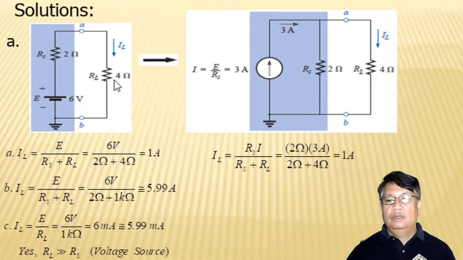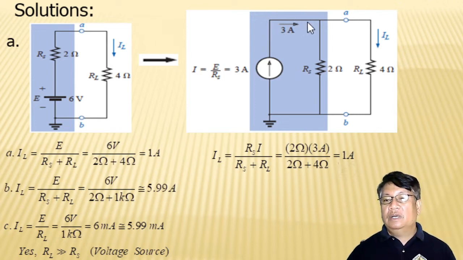Using Ohm's law, I is equal to E over R sub S. Your source current is equal to 3 amperes, because that is 6 volts divided by 2 ohms. So that is the equivalent source current. Okay, so that is the same current that will flow here.